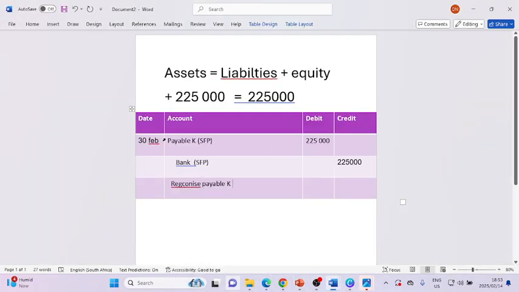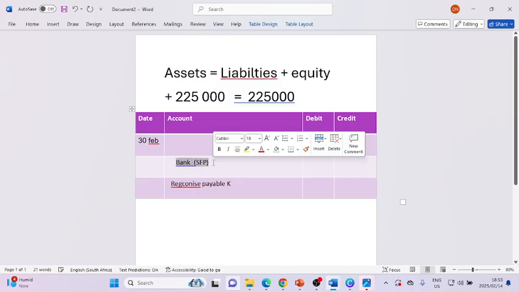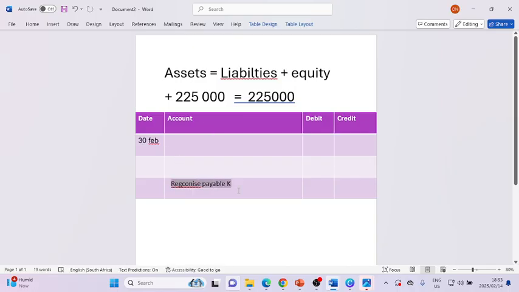So let's say you rented a service, or somebody bought goods from you, right? And they did it through credit, they didn't pay cash. You're supposed to receive that money, right? To you, that is an asset. So you're gonna write receivable.